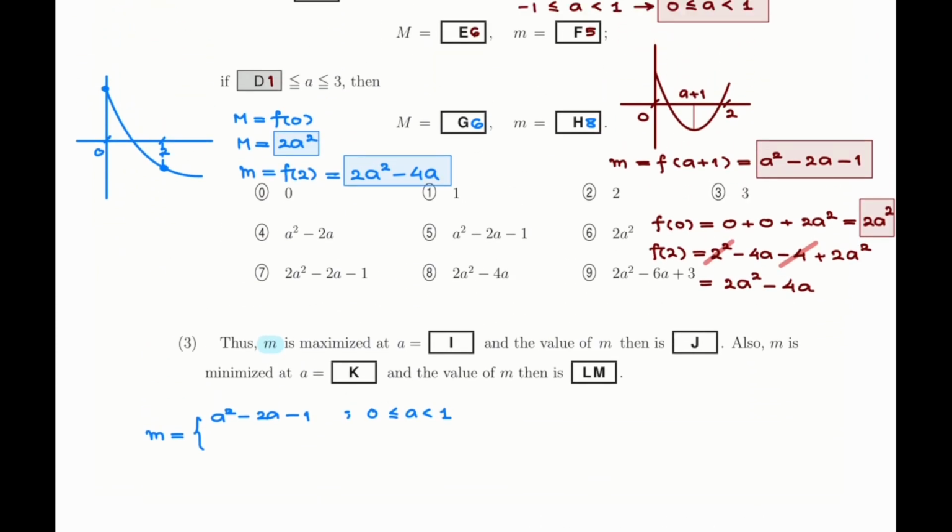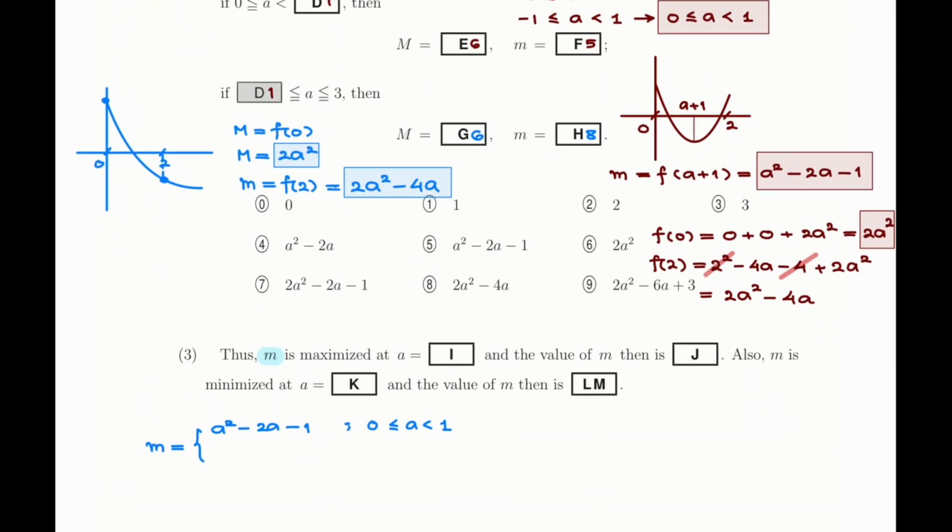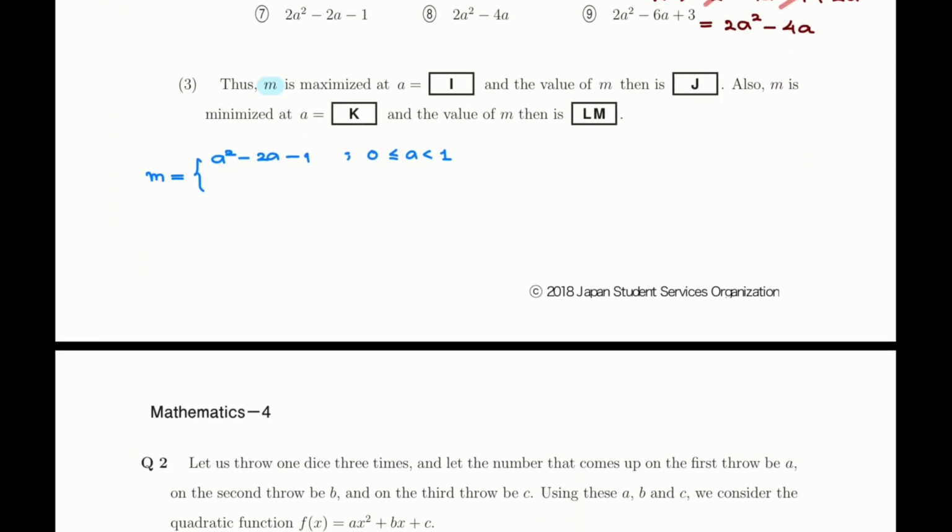And then from a equals 1 until 3, my lowercase m is function number 8, which is 2a squared minus 4a. This is for 1 until 3.